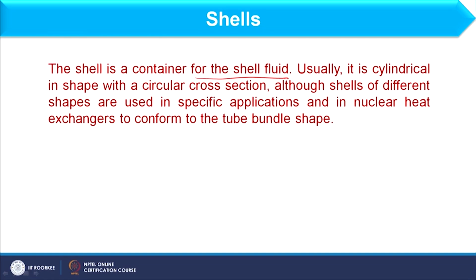So when we consider its shell, it is basically rectangular, and at the inner periphery of the boiler we have water tubes. So in that case, shell is not cylindrical, right. In a similar line, in nuclear heat exchangers, the shell is different from circular or cylindrical. And how do we decide the shape of the shell? It will depend on the shape of the bundle.